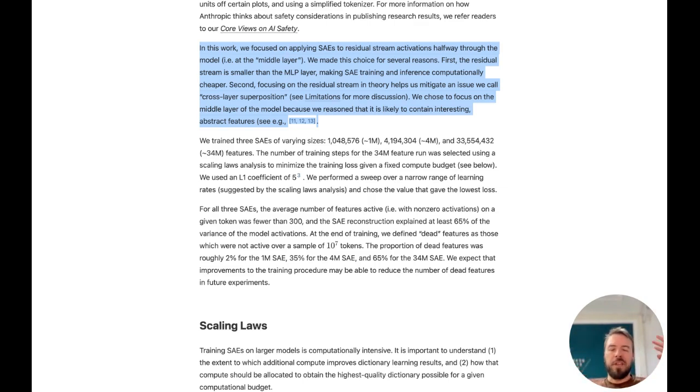So if we apply the same thinking here, in the middle of the model we have features that are abstract but still informative. They're not the final answer, but they probably represent some reusable pieces that might be interpretable.